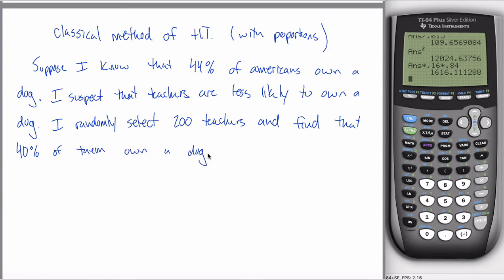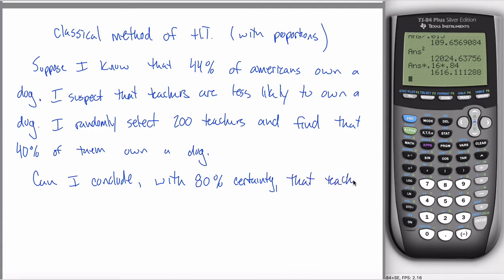And so my question is, can I conclude, I need to state my level of certainty, so maybe with 80% certainty, I don't know if we've done that one yet, that teachers are less likely to own a dog.